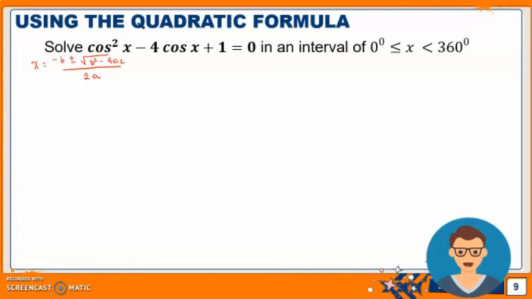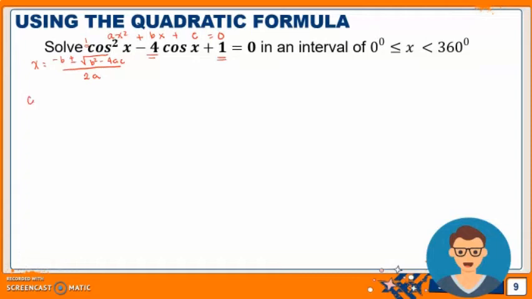So in this case, that is ax squared plus bx plus c is equal to 0. Our a here is 1, our b here is negative 4, and our c here is positive 1.